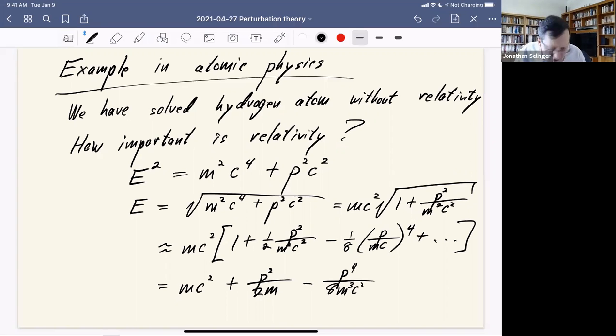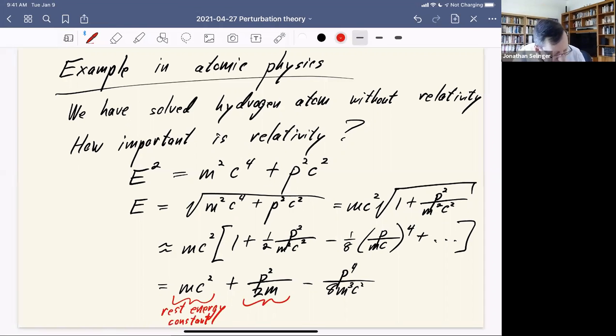In this series, this term is the rest energy, E equals mc squared, the rest energy of a particle, and it is constant. It doesn't really matter because it's a constant for that kind of particle.